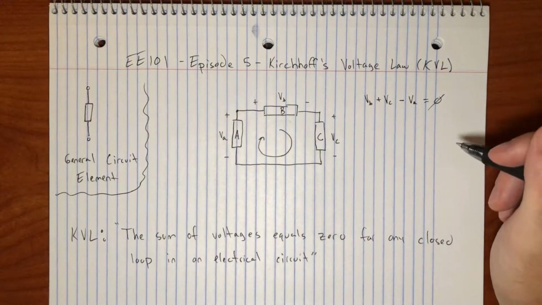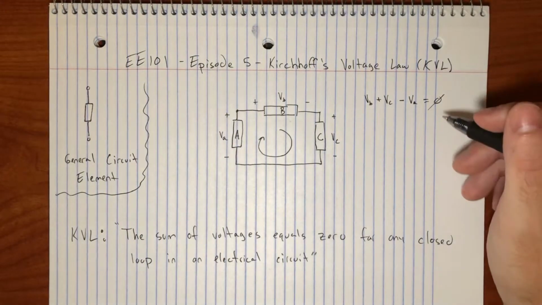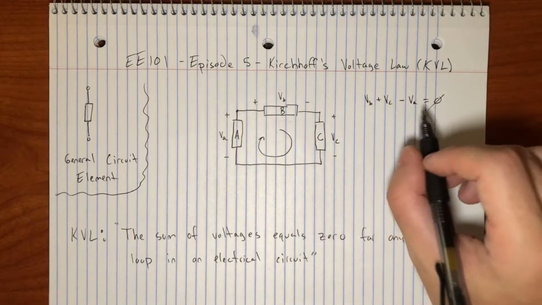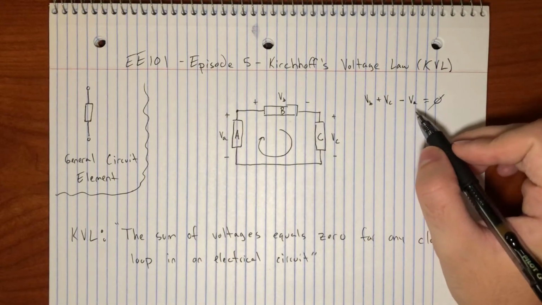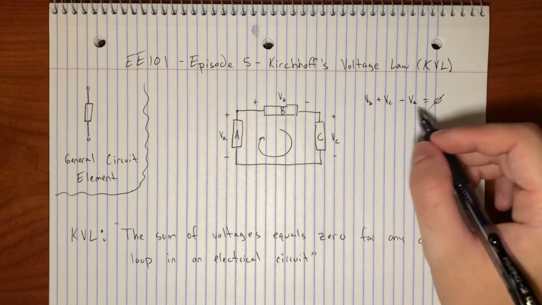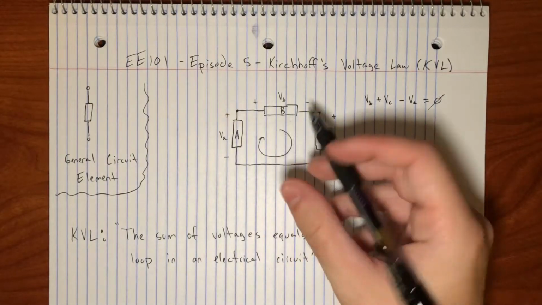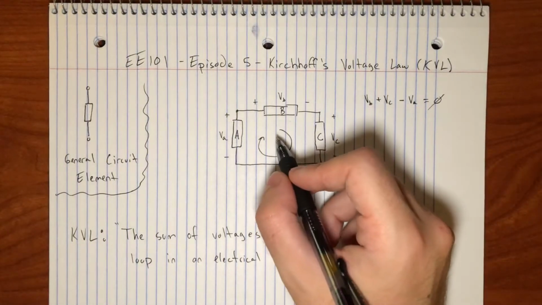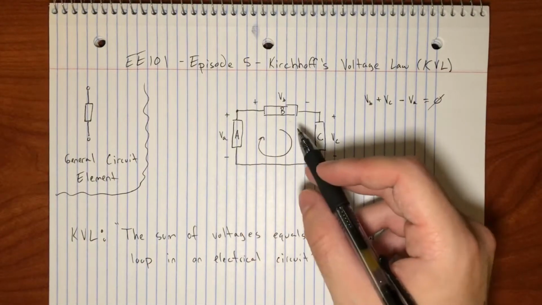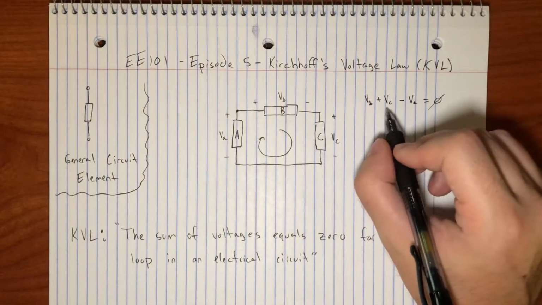And now realize for a second that if you were to multiply both sides of this equation by -1, it would still be true, right? And what that means is that if I had either used the opposite convention to count voltage, or if I had traveled around this circuit in the opposite direction, I would still get the same answer.